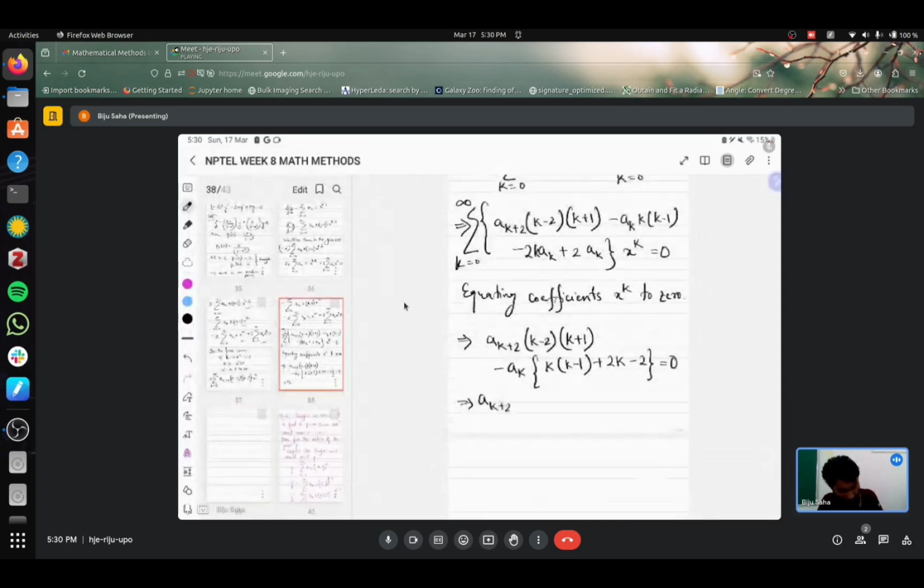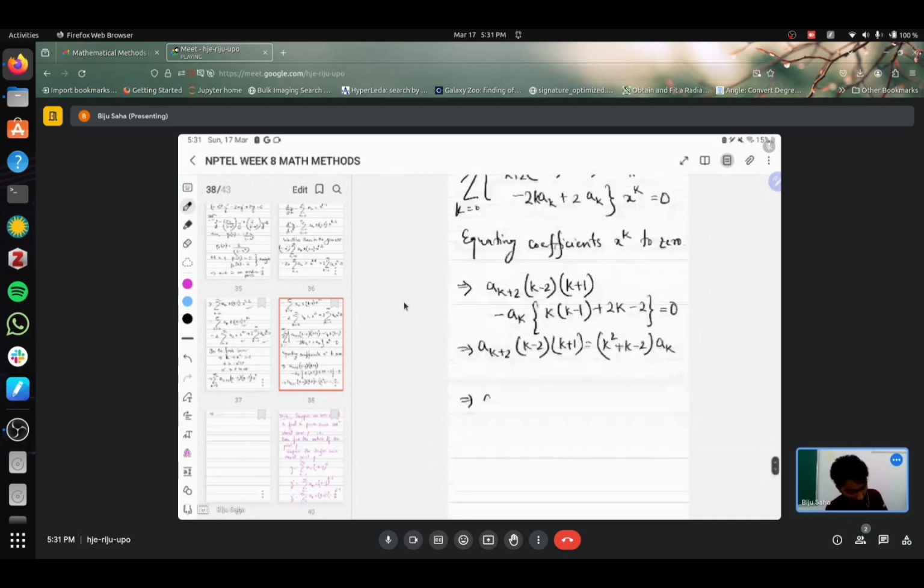So this is equal to a(k+2), which is given as this. The numerator can be factorized and written as this, and this I have in the denominator.